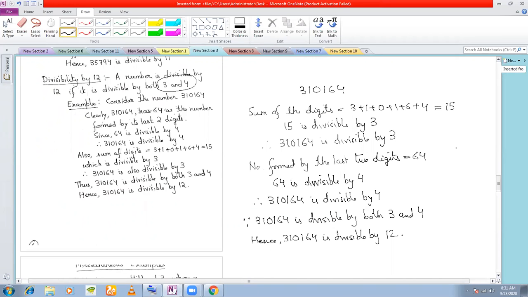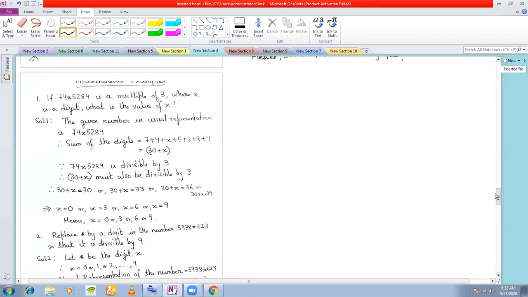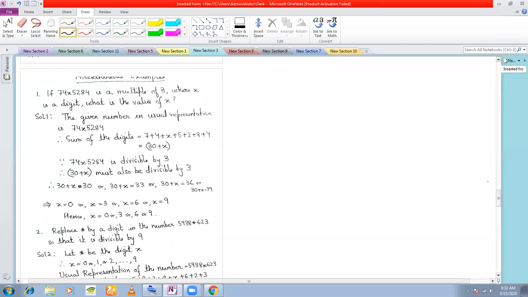So I hope the divisibility tests are clear. Any divisibility tests which you would like me to clarify? If not, then we can move on. Yes, no doubts. Fine. Let's move on to the examples. Now these are the types of sum that you are going to get.